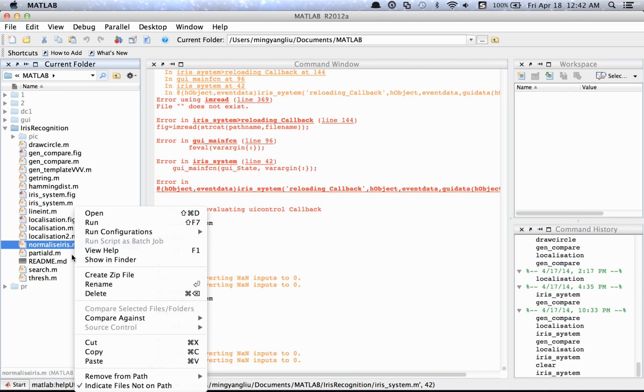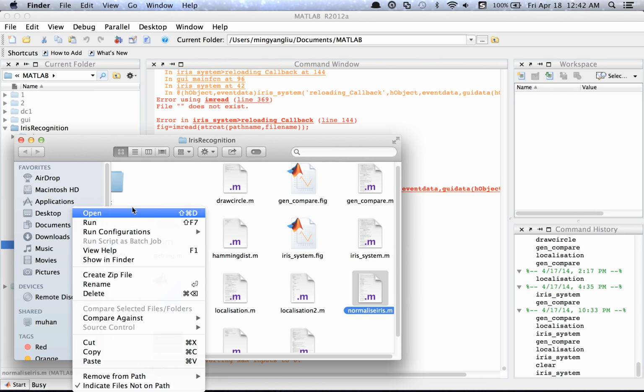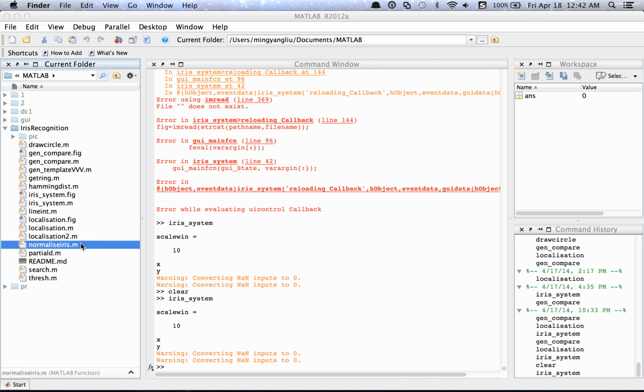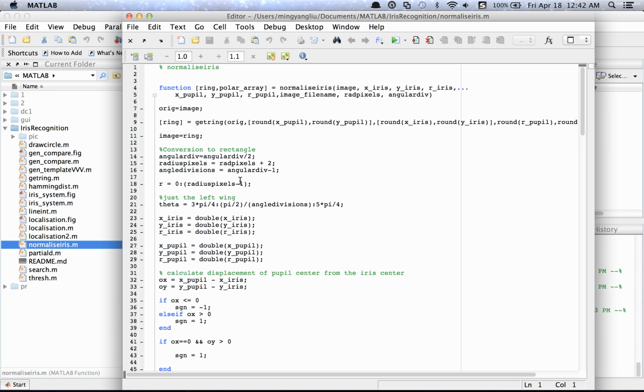Then this one is the normalize function. This function is used to perform normalization of the iris region by unwrapping the circular region into a rectangular block of constant dimensions. It's not very hard to understand.